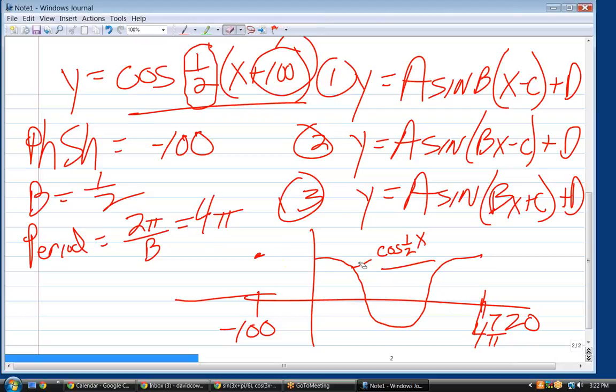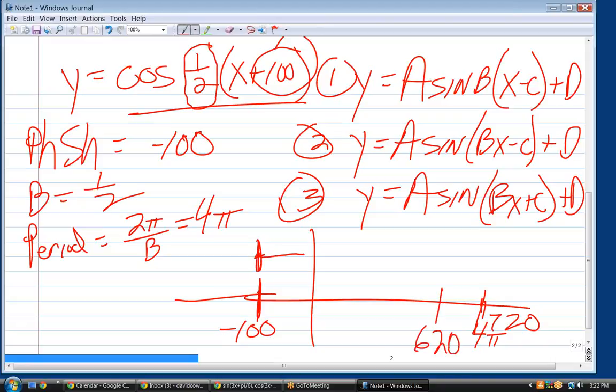And I suppose that if you think it's in degrees, then that's what I would do: start here, end at 620, quarter that up, and then start my cosine curve there, come back down through there, come back up through there, and go to there.